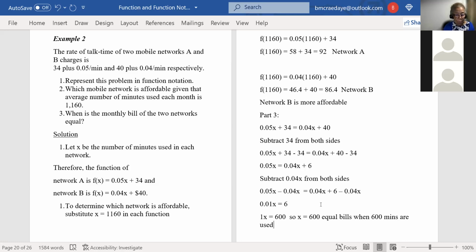Okay, so both network A and B bills are equal when they use 600 minutes.